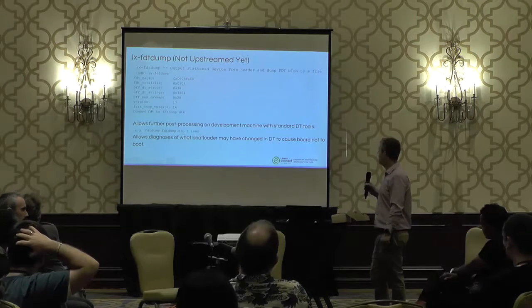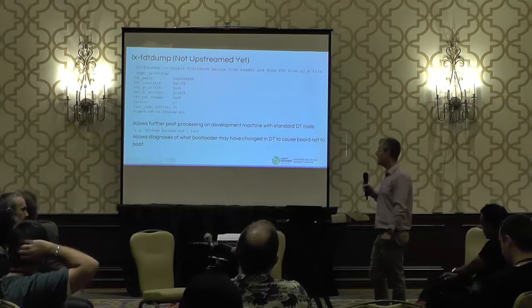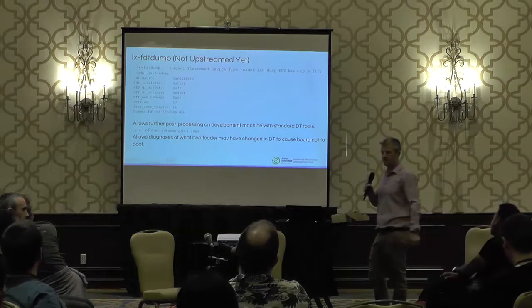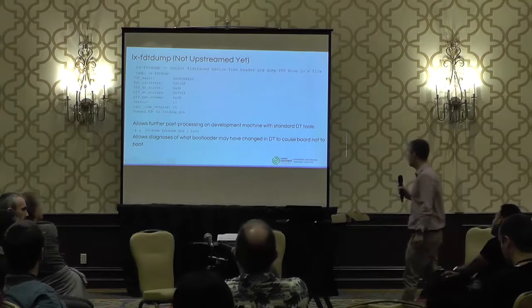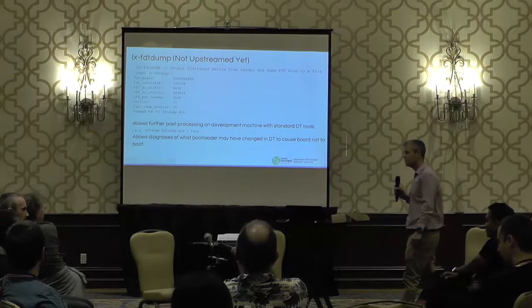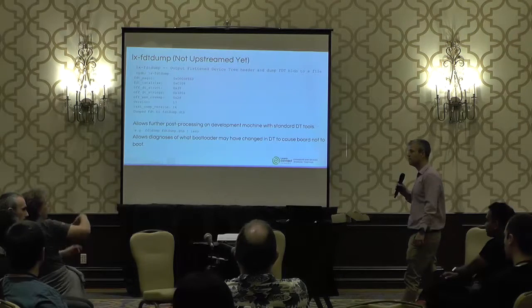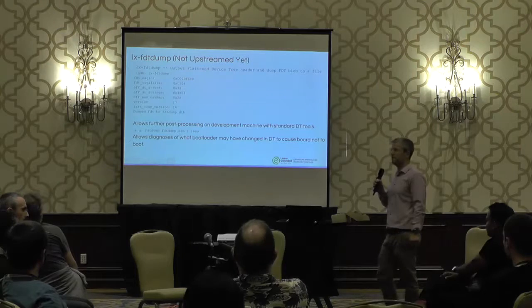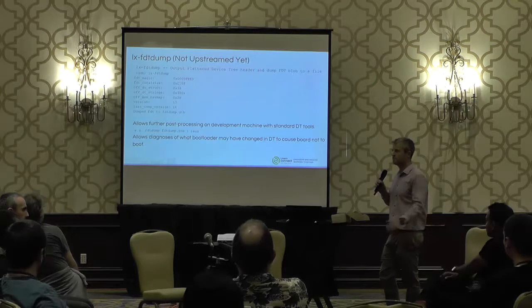FDT dump. This is something that we've not upstreamed yet, but it dumps out the device tree to a file. Is this the original device tree, or do you reconstruct it from GDB? This is the original device tree, so the initial boot params one.